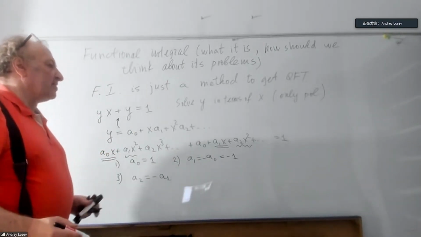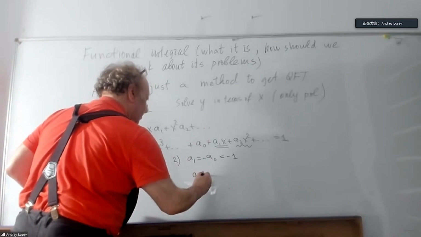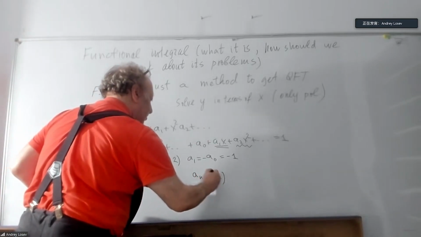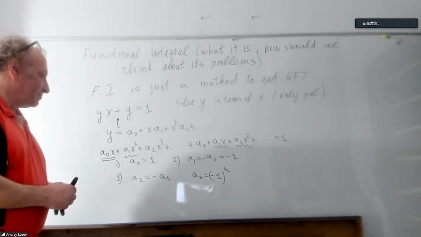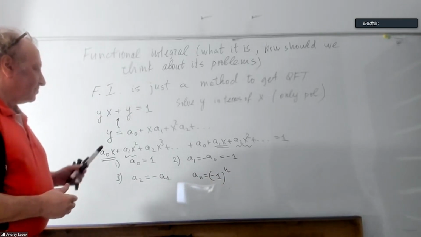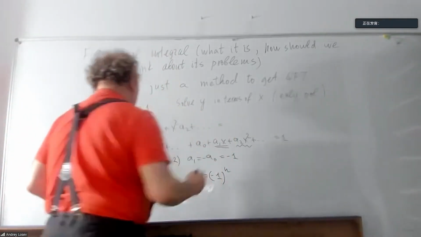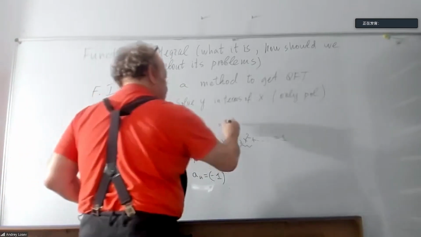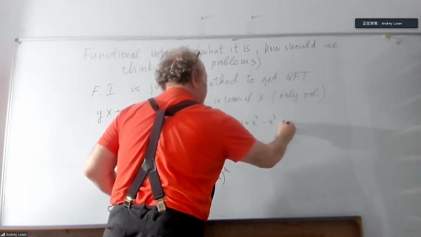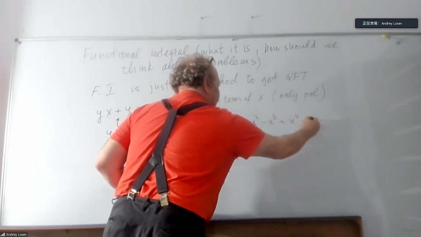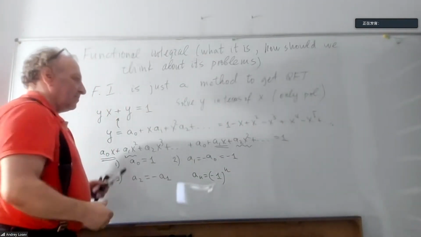And this theory never stops. So, an is minus 1 to the power n. So what is y after all? One minus x plus x squared minus x cubed plus x4 minus x to the 5, etc. Good.